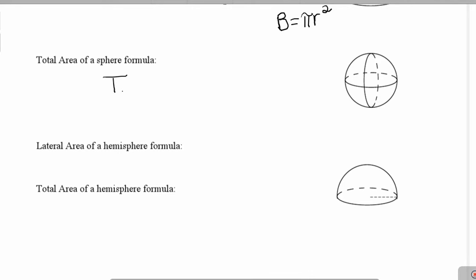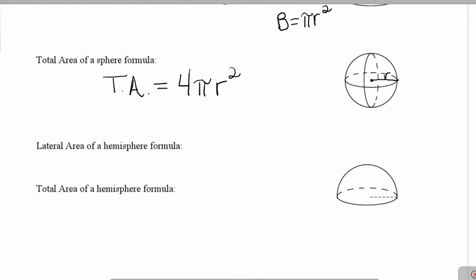So we'll just say the total surface area of a sphere is equal to 4 times pi times the radius squared. Now I'm not going to derive this formula for you because it actually gets a little complicated, and rather than confuse you, I think we'll just stick with the formula for what we're going to be doing in this class. The radius is just the distance from the very center of the sphere to the edge of the sphere.